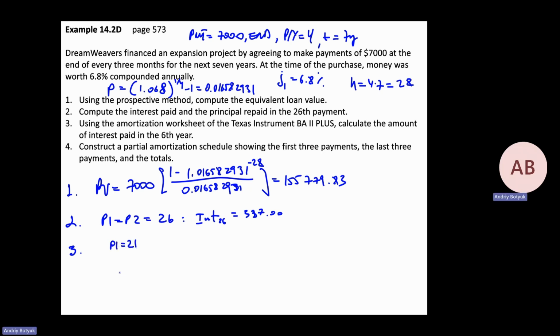Now 6 times 4, 24. P2 is 24. So the amount of interest, let's find it. Here, guys, if you don't understand something, let me know. $2,834.64. That's the combined interest over all 4 payments.